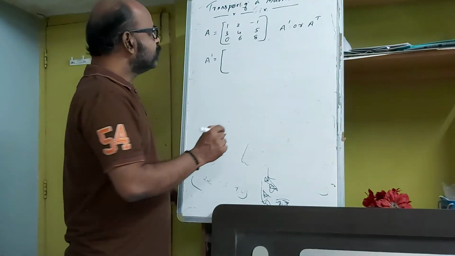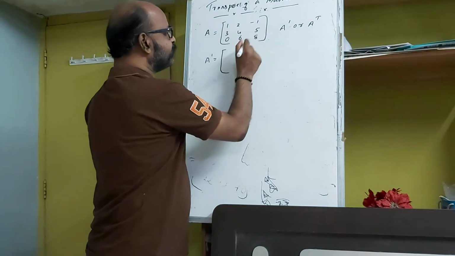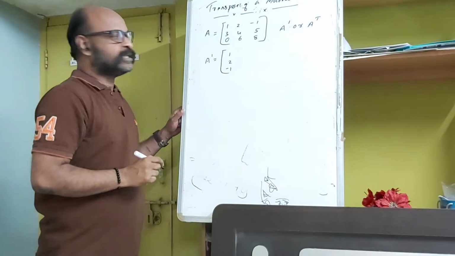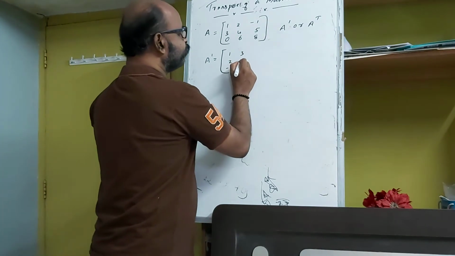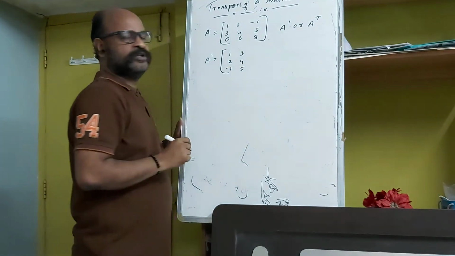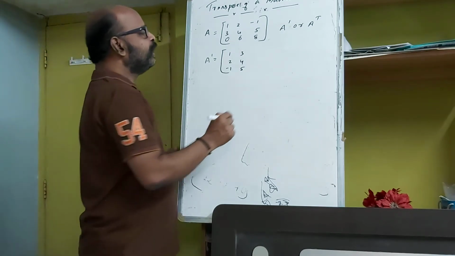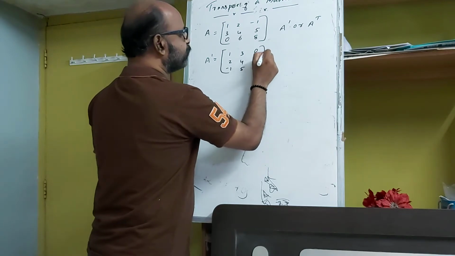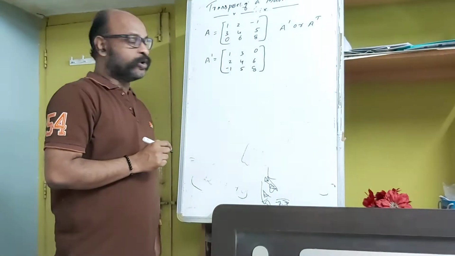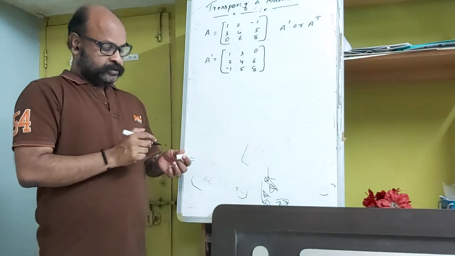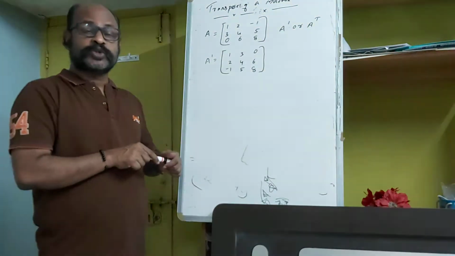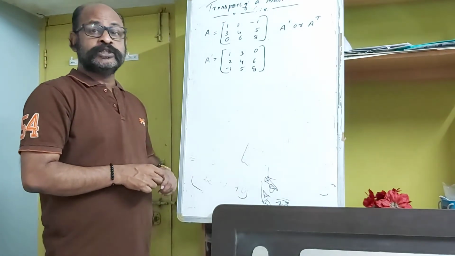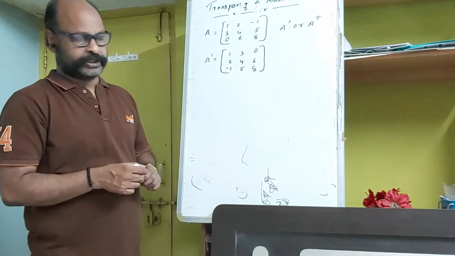It means the first row 1 2 minus 1 is written as the first column, the second row 3 4 5 becomes the second column, and the third row 0 6 8 becomes the third column. So what is meant by the transpose of a matrix? It is a matrix obtained by interchanging the rows and the columns.